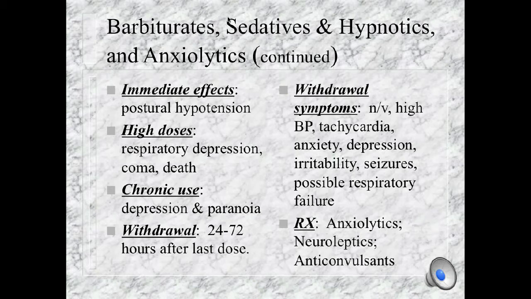Barbiturates, anxiolytics, or sedative-hypnotics are in the same category. Benzodiazepines and anxiolytics are used kind of interchangeably, but what they do is increase GABA. And remember I said GABA is calm, so they increase calmness by depressing the central nervous system or the limbic system of the brain.